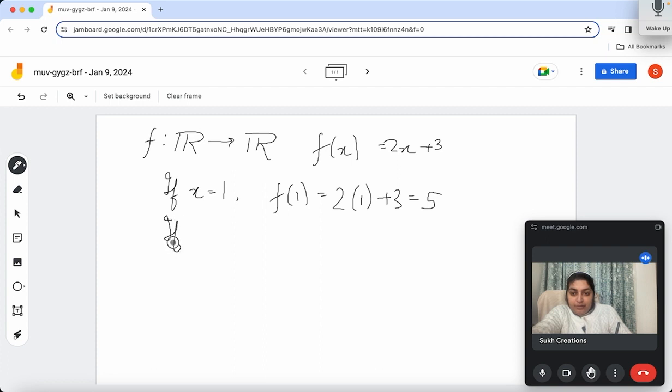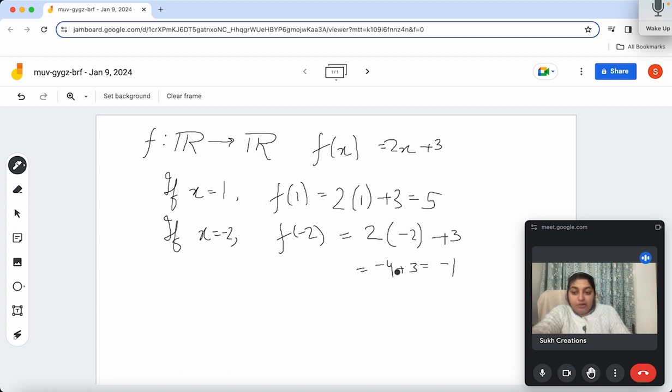Now if we take x equal to minus 2, which is again a real number, we wanted to find the value of the function at x equal to minus 2, so we substitute x by minus 2. What we get is minus 4 plus 3, which is minus 1, again a real number.